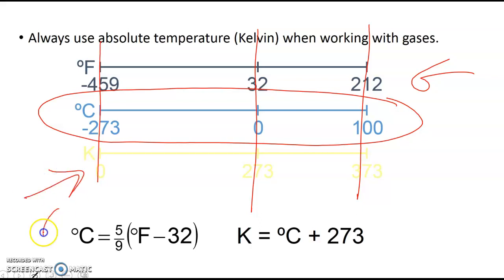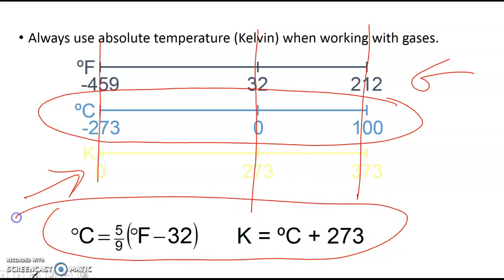You can use these two equations right here, and that's going to help you with making your conversions. Not too tough. Typically, we'll be using this one right here, where you're going to get a Celsius, so you just add 273. Nothing too difficult, but make sure you use these.